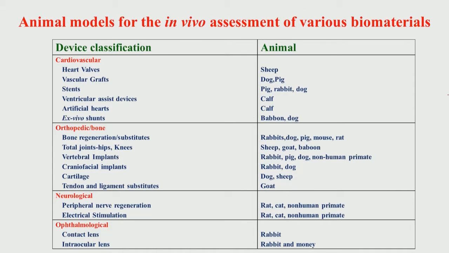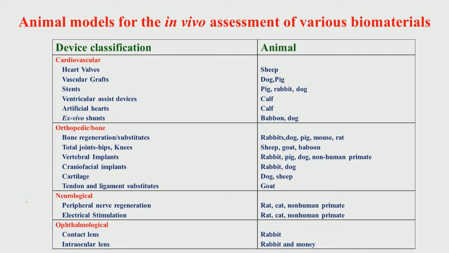What are the different animal models that are currently used for different implants, for different in vivo studies? So, this table summarizes some of the application specific animal model selections.